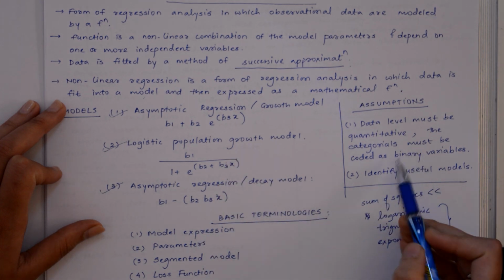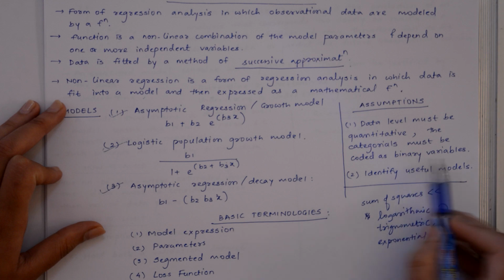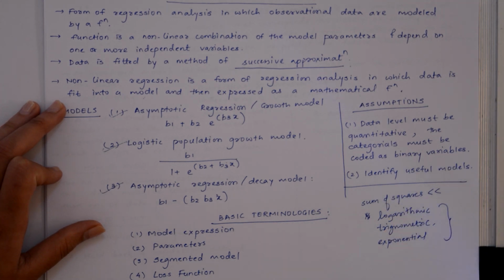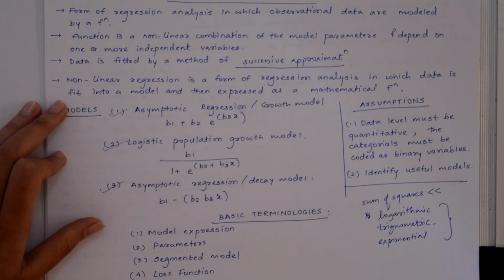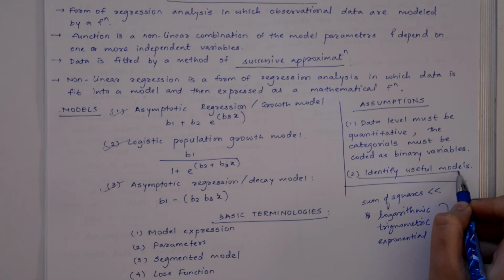But in nonlinear regression, the categoricals must be coded as binary variables. And the next one is that the value of the coefficient can only be correctly interpreted if the correct model is applied. Therefore, it becomes very important to identify the useful models.